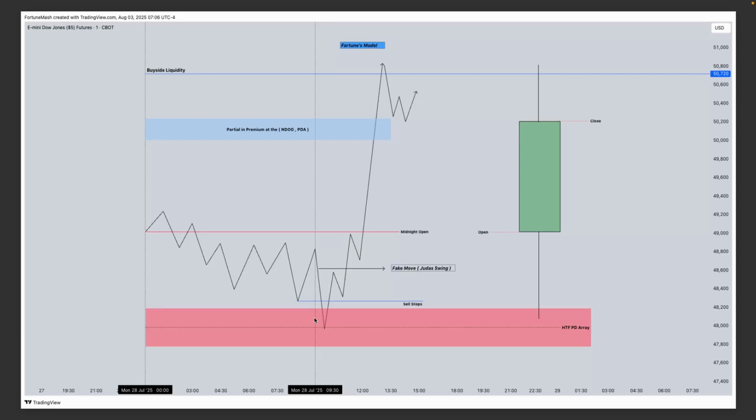So we manipulate people into thinking they should see price continue lower, then we react on a higher time frame PD array, then we change direction to moving higher, taking everyone out.